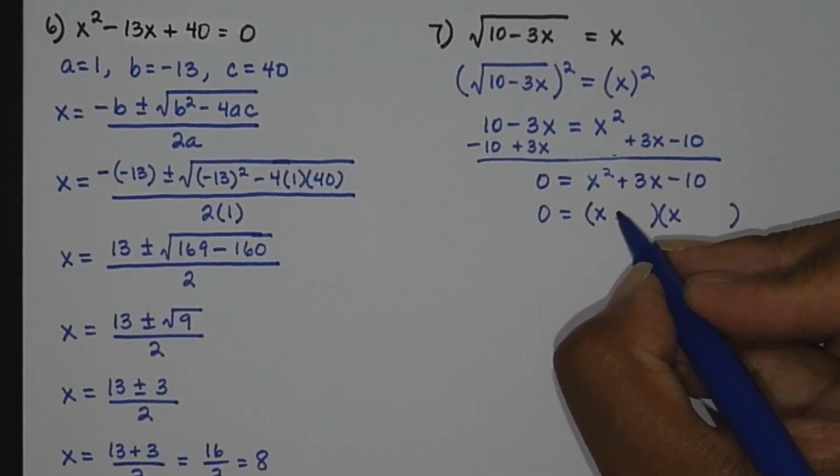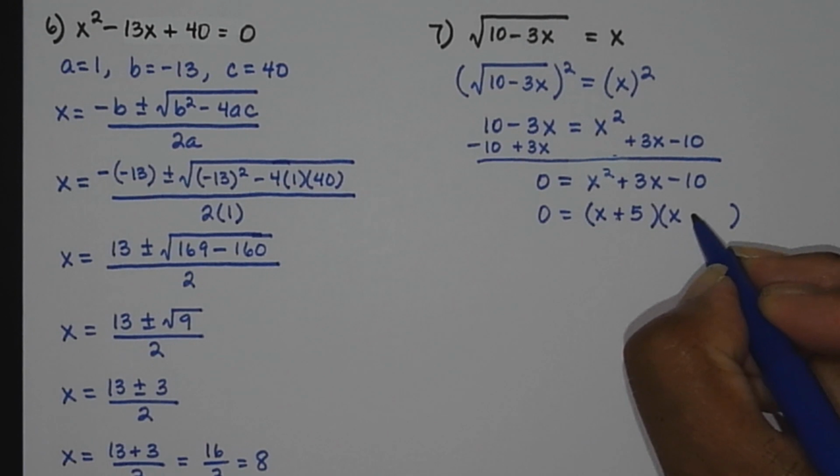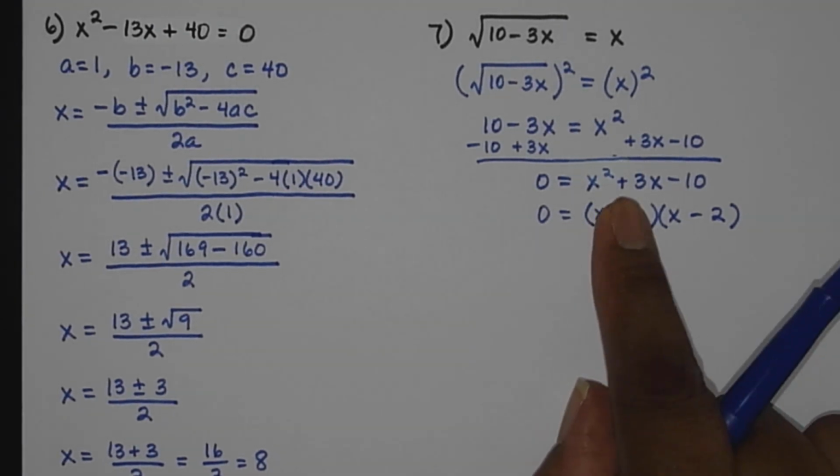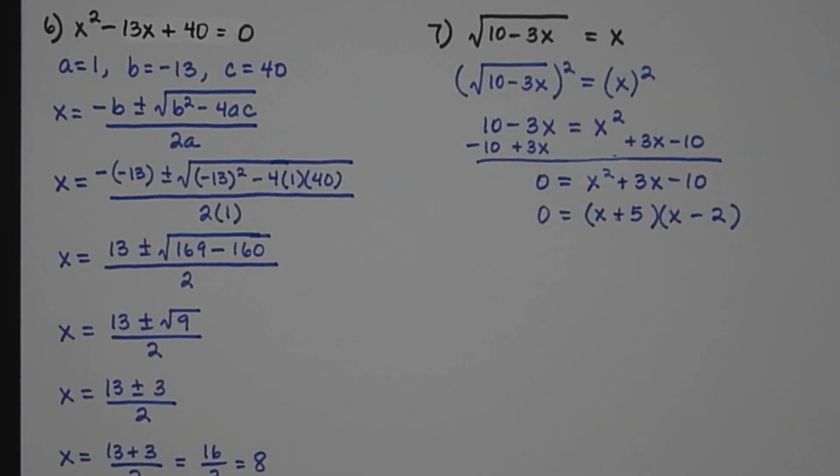Yeah, plus 5 and a minus 2. 5 and 2 are the factors. The larger of the two factors takes the sign of the middle term. The middle term is the minus, so the 5 has to be plus, and the 2 has to be minus. So x plus 5 times x minus 2 is equal to 0.